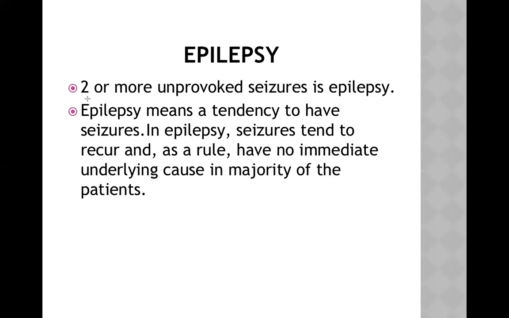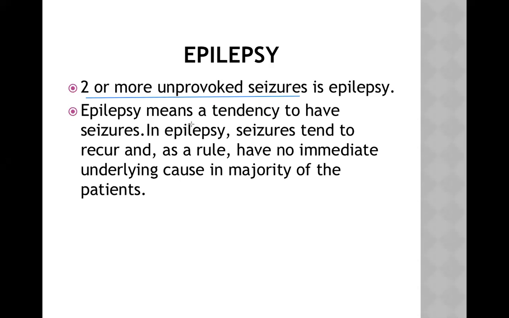Now, see there. 2 or more unprovoked seizures is epilepsy. Unprovoked means there should not be any other causes which may lead to seizure easily, like infection, okay, like trauma, for example. So they should not be there. This is unprovoked seizure. 2 or more episodes is epilepsy.